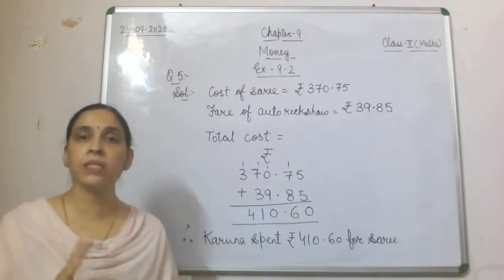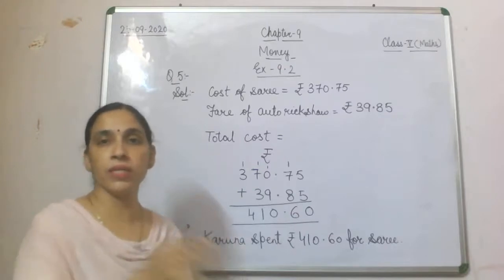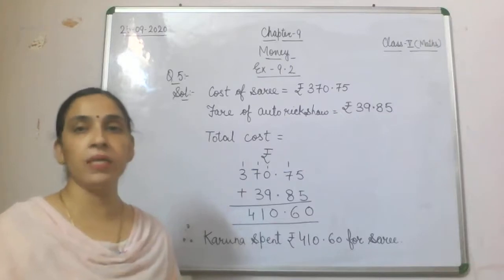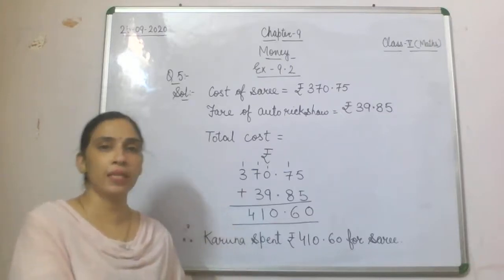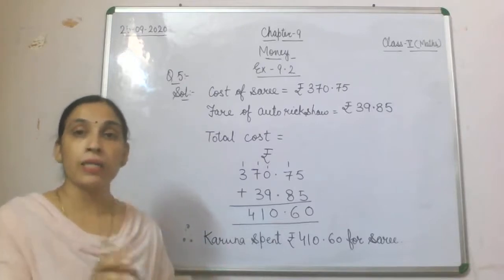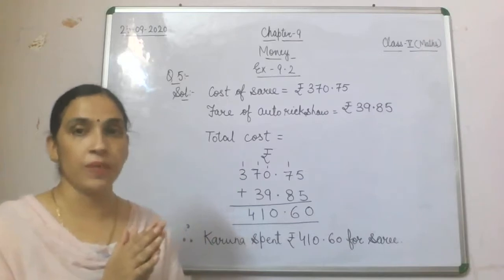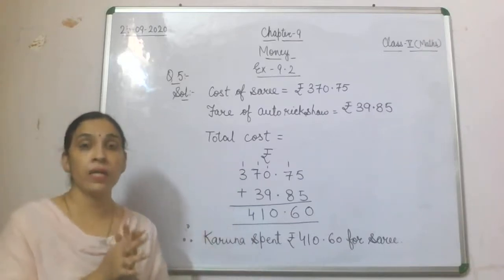So remember this: whenever in any question it is given that the cost of a particular thing is this, and for going to market and coming back we spent 60 rupees, that cost is included, and your total price will be the addition of that 60 rupees. Fine. I hope this concept is clear to everyone.